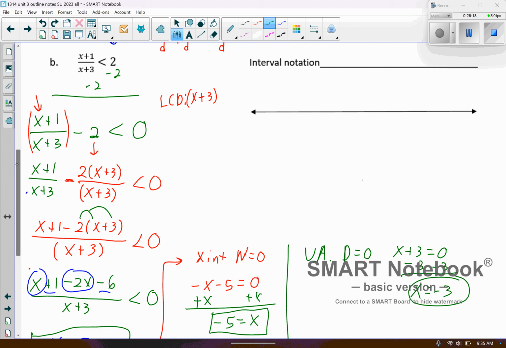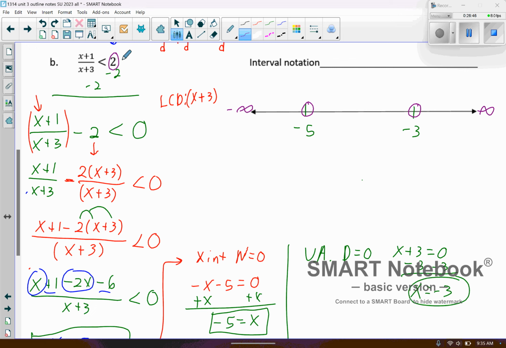So we want to test the values of -3. Oh no, I've got to go in numerical order: -5 and -3. Now we know they're both not included, so I'm going to put open circles. You could test it in the original if you want, but it might be a little bit harder to tell if it's less than 2, because we might be getting fractions in return.